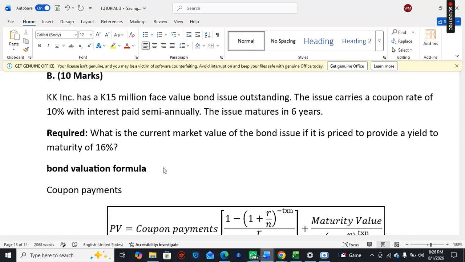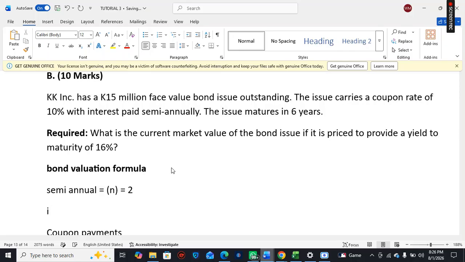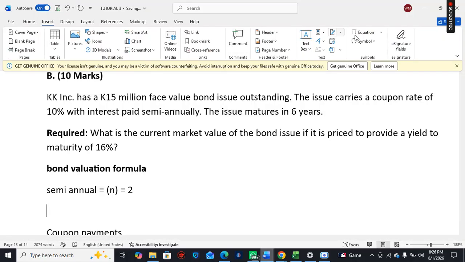Okay. So our interest rate also needs to be divided by 2, since the compoundings is semi-annually. Semi-annual compoundings means n, the number of compoundings, is 2. So our interest rate, 10%, is going to be halved.